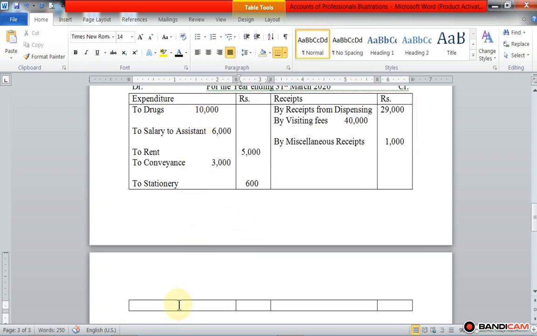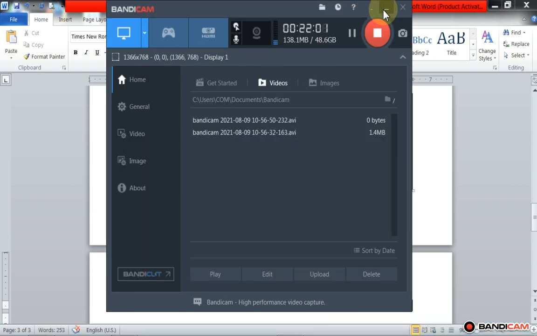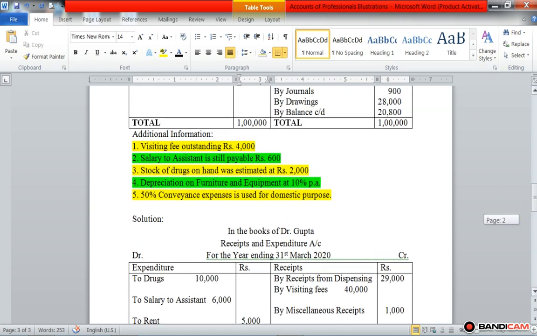Then to lighting 700, put the figure directly in the outer column because additional information is not provided. If additional information is not provided, we put the figure in the outer column. If additional information is provided, we put the figure in the inner column. Got it? Yes sir, got it.